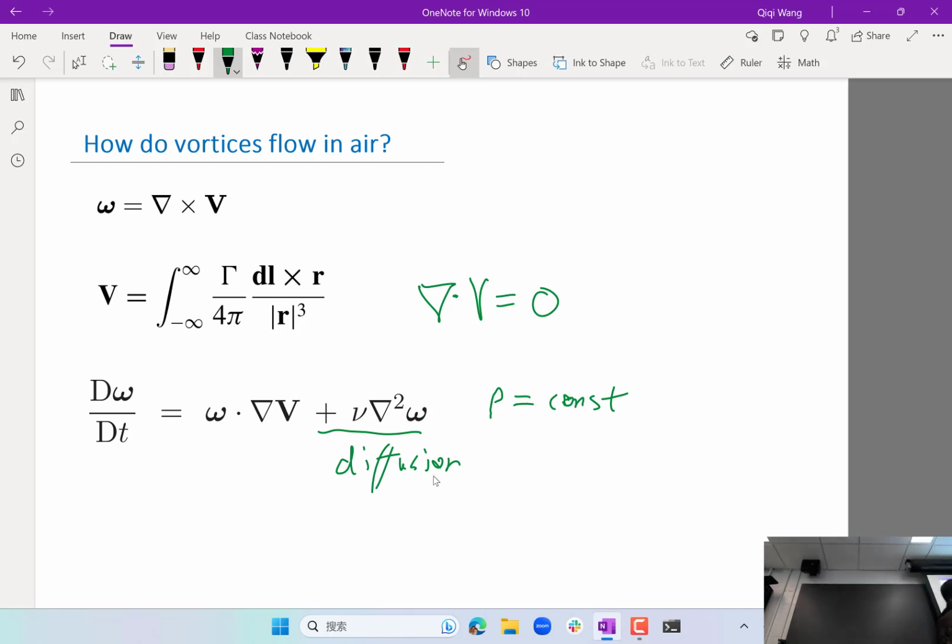This operator is not the gradient of gradient, it is the divergence of gradient, right? Also known as the Laplacian operator. The only thing you need to know about this operator is that this is exactly the same differential operator that governs the heat equation, the diffusion of heat. So from that you can very intuitively understand what the term is doing. This is the kinematic viscosity of air, which is very small.